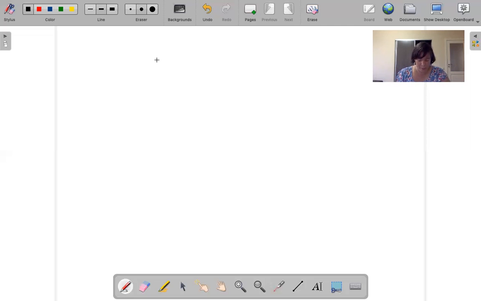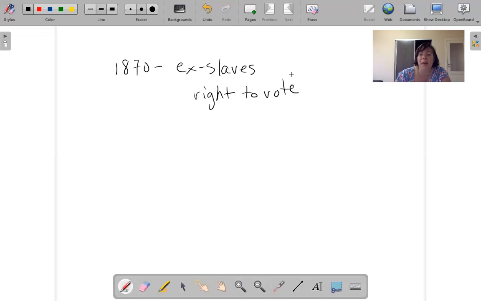And let's see, what else? In 1870, the ex-slaves were given the right to vote. Males, men, not women, right to vote. But counties, cities, states made these rules that made it almost impossible for them to vote.